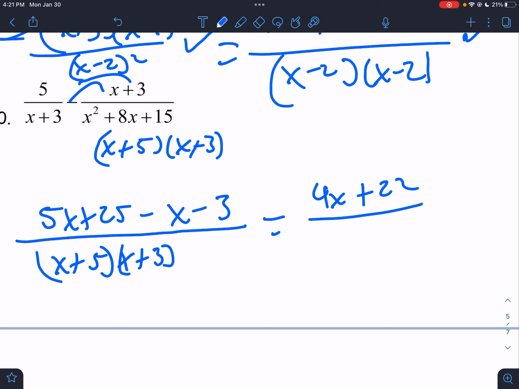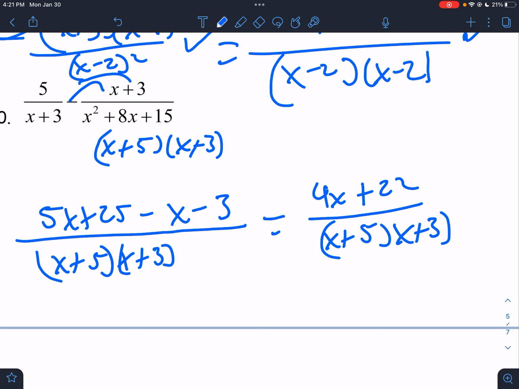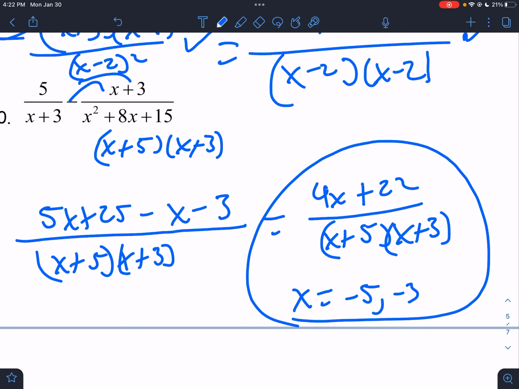I guess that's as good as that one gets as well. Let me look at this for a sec. Yep, I think we're good. So x cannot equal -5 or -3.